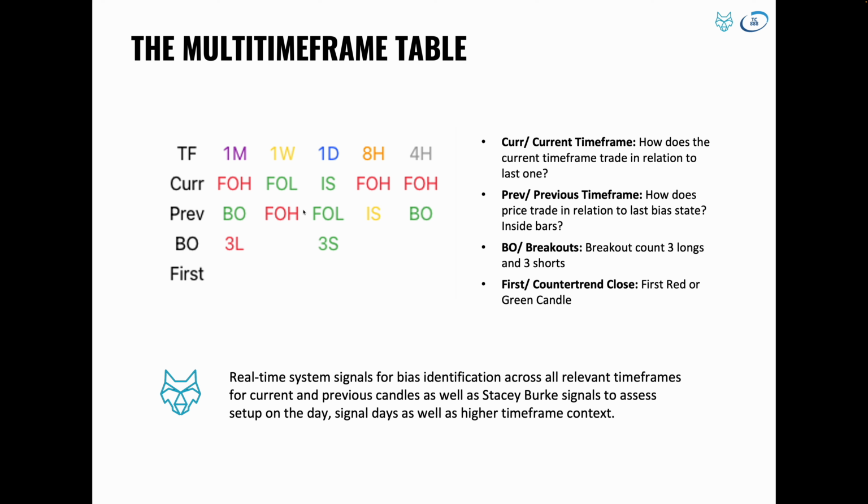Only something like here, fake out low inside, maybe even after 3 short, then you know the day is pretty bullish, for example. Then breakout, this is done according to Stacey's logic. So 3 longs means we took 3 times, not in a row, but 3 times in a sequence, we took the high. There might be insides in between, but we never took the low.